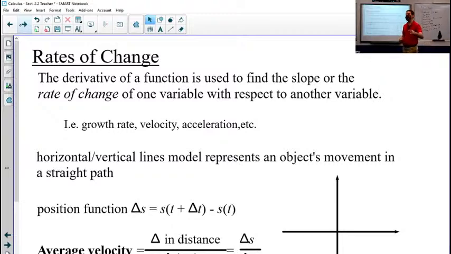So it would be a change in distance over change in time. And so that becomes a derivative of that position. So we put time on the x-axis and position on the y-axis. Then the derivative of position would tell us the velocity.